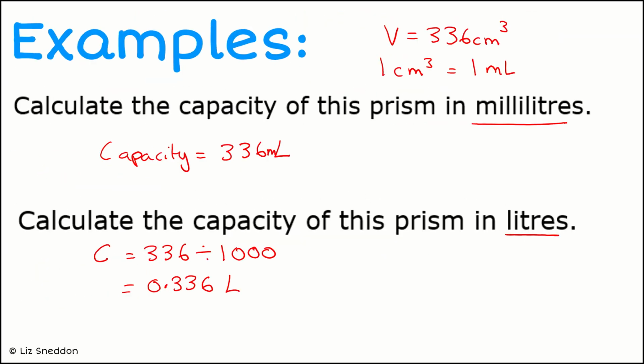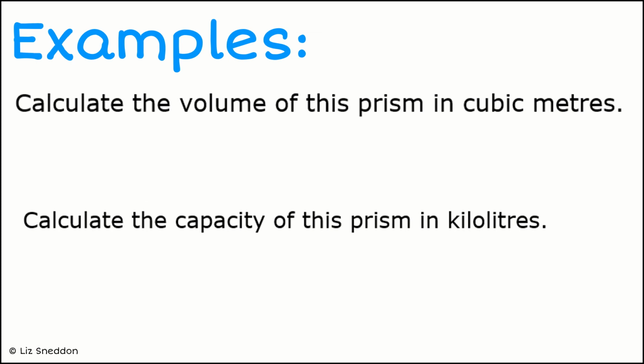So the last thing that we want to do is find the volume of the prism in cubic meters and then the capacity in kiloliters. So to find our cubic meters, I'm going to write down a couple of notes from the previous slide.